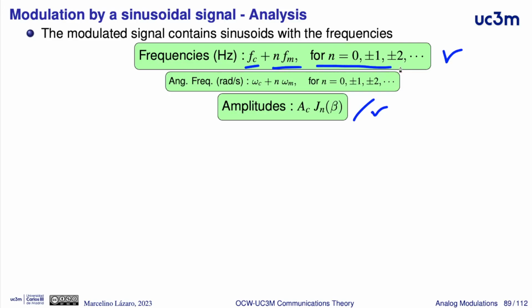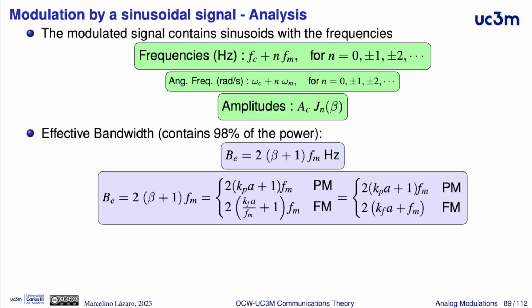Although we have infinite sinusoids, infinite values for n, 98% of the power, defining the effective bandwidth, is contained in a bandwidth given by 2 times the modulation index beta plus 1 times the frequency of the modulating signal.